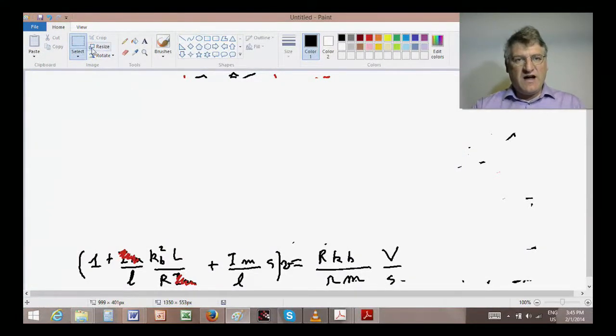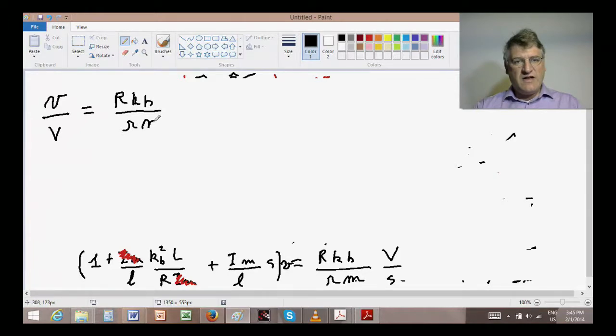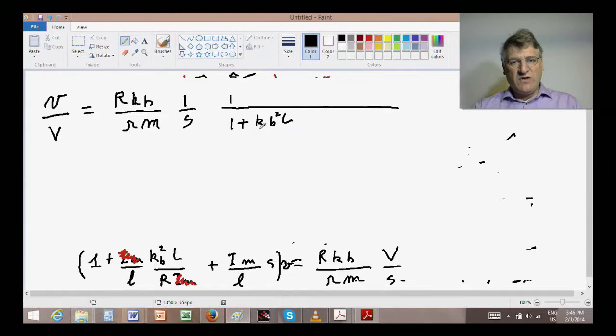And I get that V over the input voltage is equal to R Kb divided by Rm times 1 over S times 1 over 1 plus Kb squared L over R over Lr plus Im over L times S.